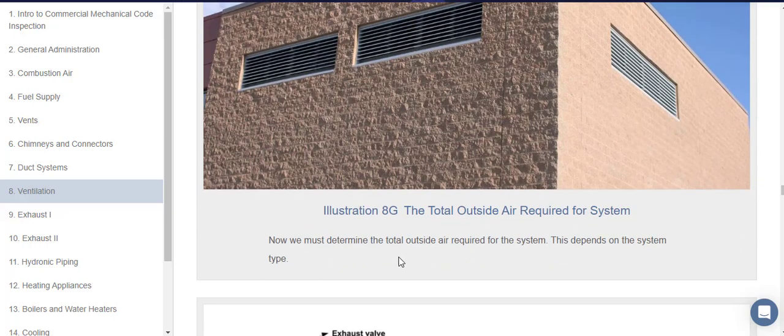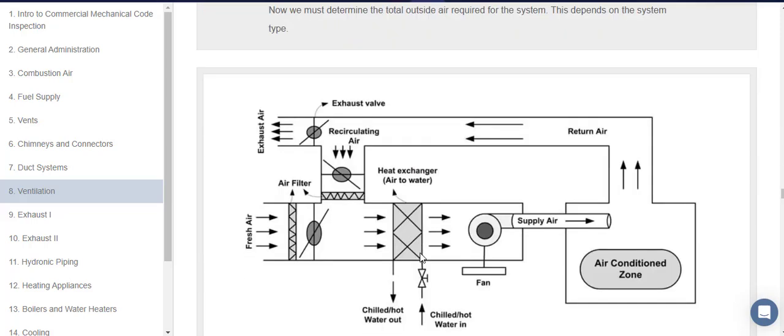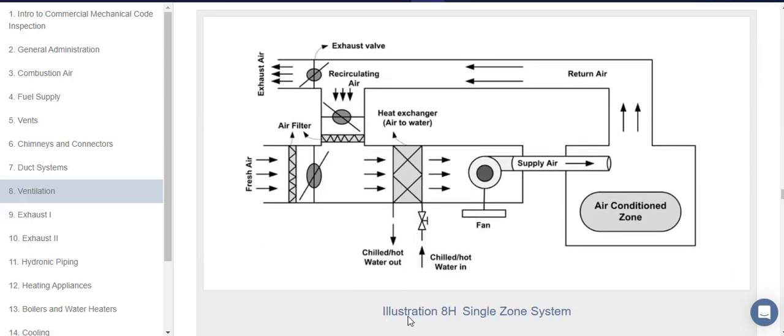Now we must determine the total outside air required for the system. This depends on the system type. Illustration 8H, single zone system. Here is the single zone system: fresh air, air filters, and chilled or hot water out, chilled or hot water in. It goes to the supply fan, and this is the air conditioned zone, going out to return air.